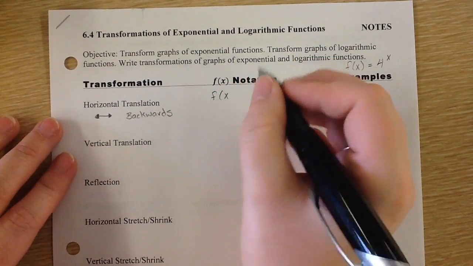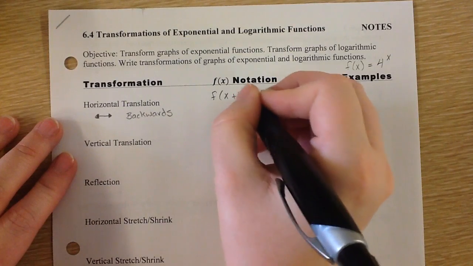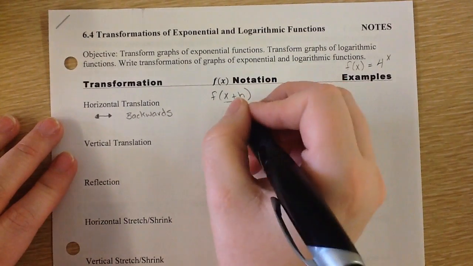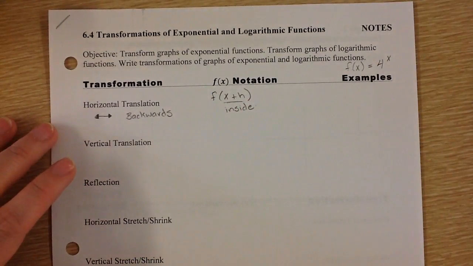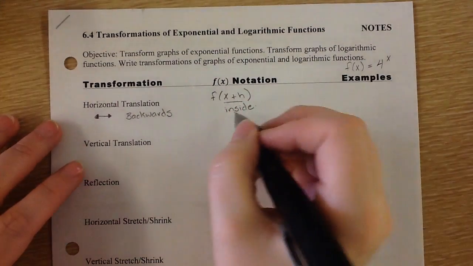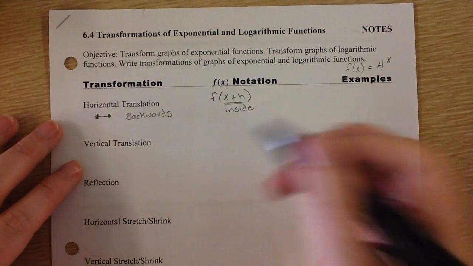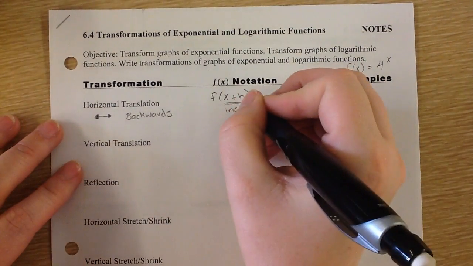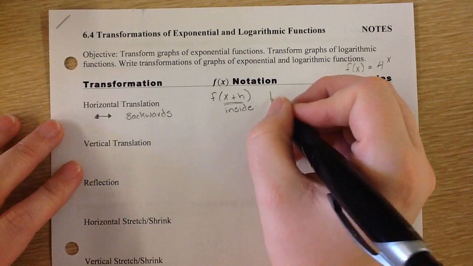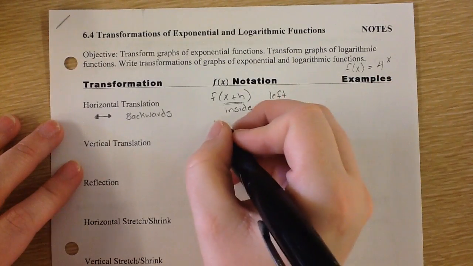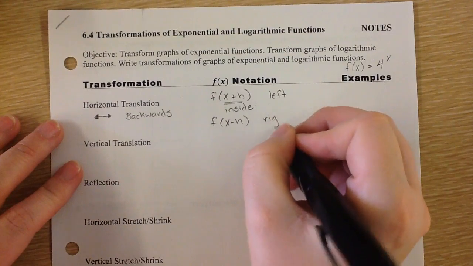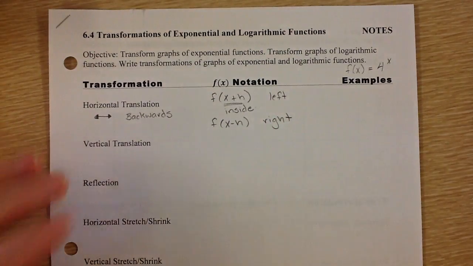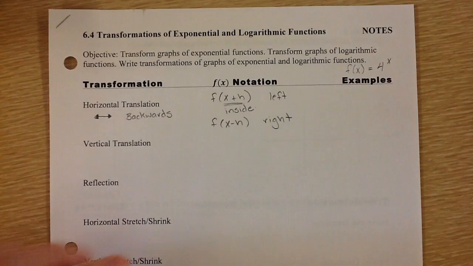So f of x plus h, again, is inside the function. It doesn't happen outside of the function. If you're adding an h, that's going to move it to the left. If you're subtracting an h, that's going to move it to the right.